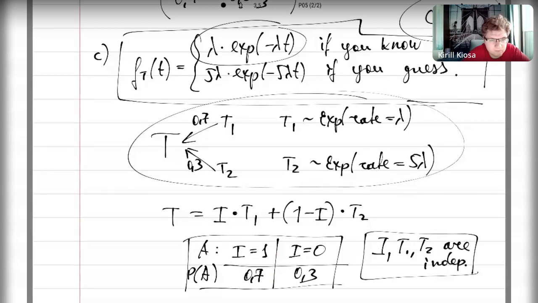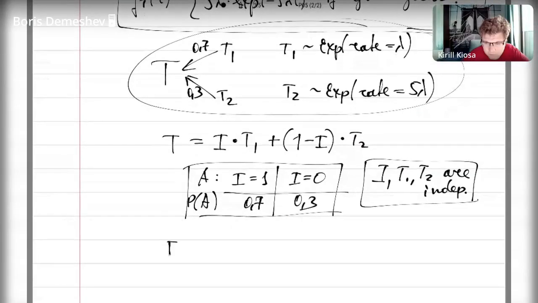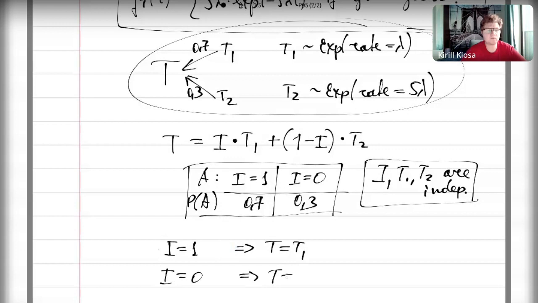So basically, this artificial random variable I, which is absent in the text of the problem, is just a way to write the random selection. When I is equal to 1, then T is equal to T1. When I is 0, then T is equal to T2.